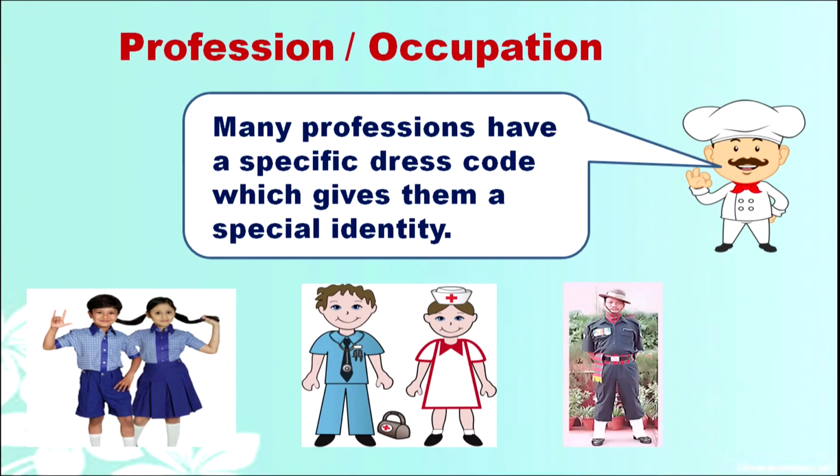Now, you would notice that the dress of an army man today and 200 years ago is similar and yet dissimilar. So many of the dress codes keep changing over the period, and yet the idea of a uniform specifically for a profession or occupation remains.